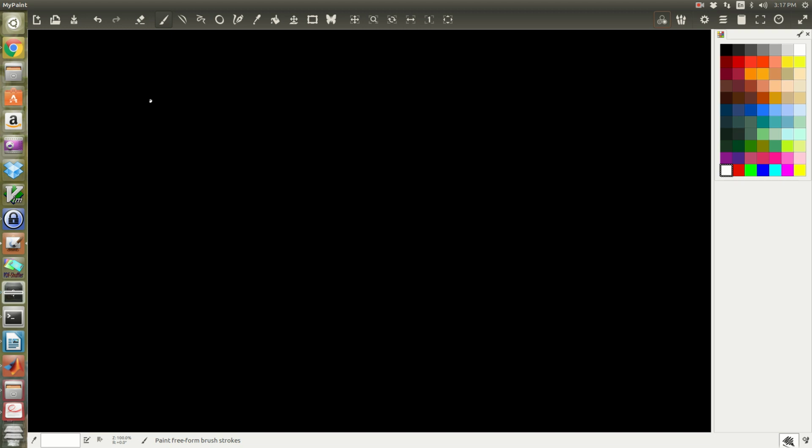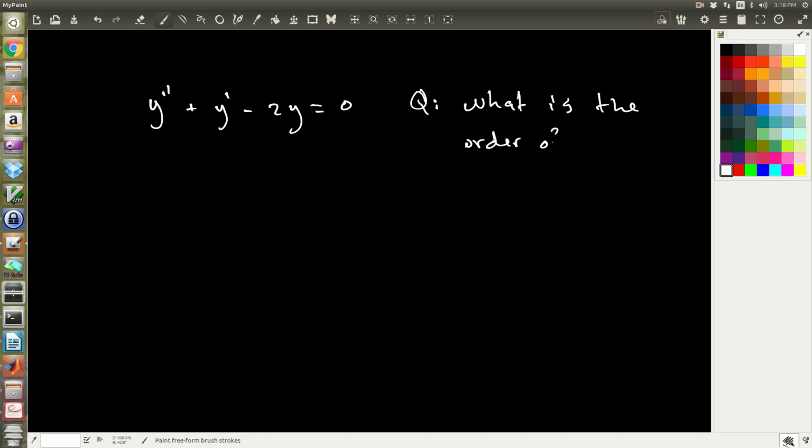So if I have a differential equation that's y double prime plus y prime minus 2y equals 0, the question might be asked, what is the order of this differential equation, of this ODE?